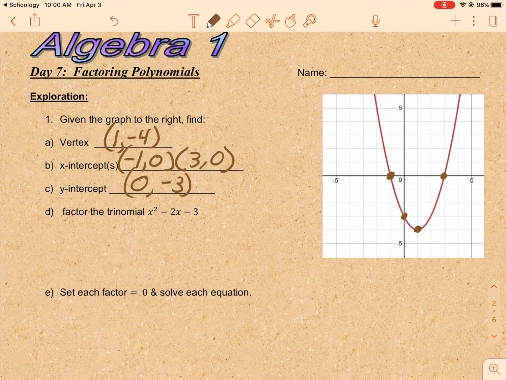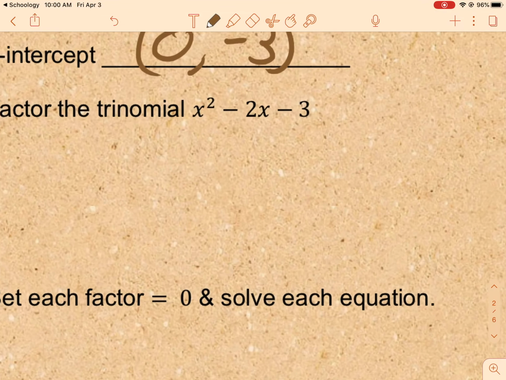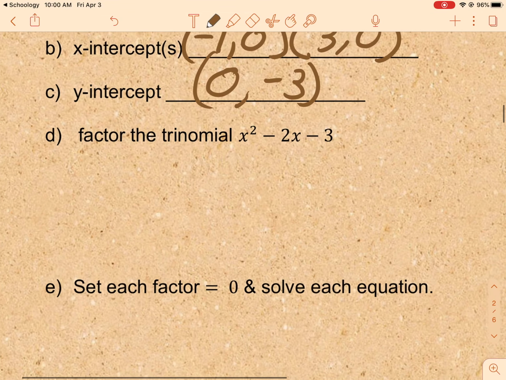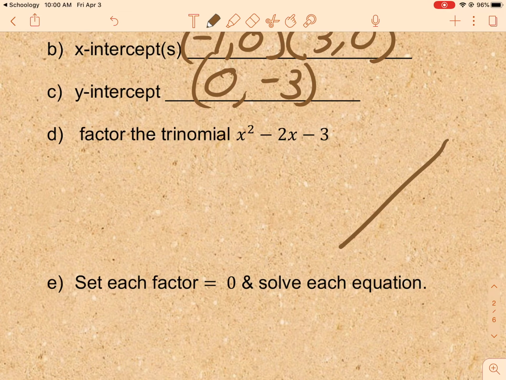So we did that last unit. There was no big deal with that. Everyone was pretty solid with that. And now we've been doing factoring. If we're trying to factor this trinomial using the diamond or X method, there's a 1 out in front, so it's 1 times -3.